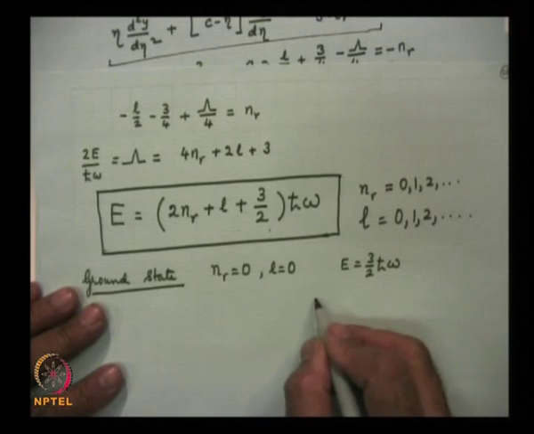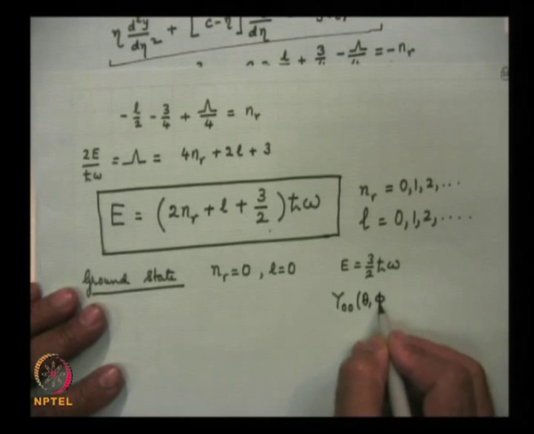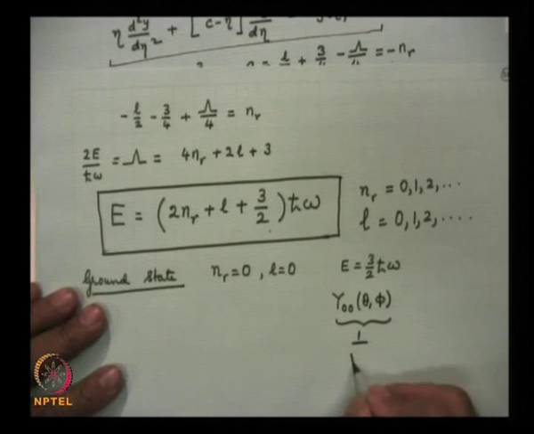So, my angular part will be Y 0 0 theta phi. So, this will be just 1 over under root of 4 pi.